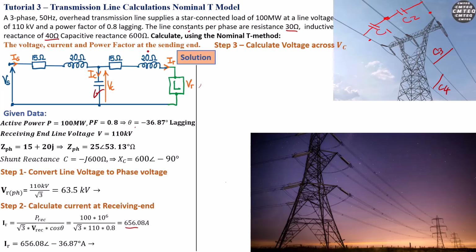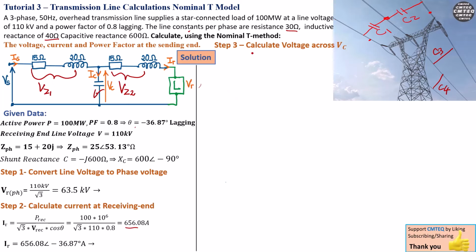Now, because we've got this series impedance on this section of the line, we have to take the voltage drop across this series impedance and add it to the receiving end voltage to actually get the voltage across the lumped capacitance. Okay, so we can name this voltage as VZ2, which means at this section here, this is going to be VZ1. You can name it whatever you want to name it. Okay, so having said that, we can continue.